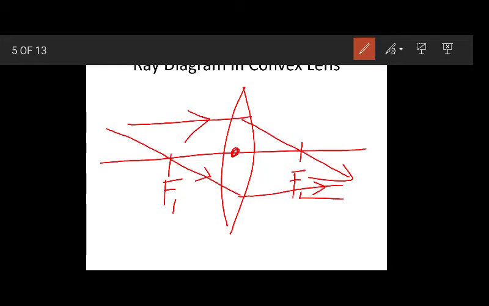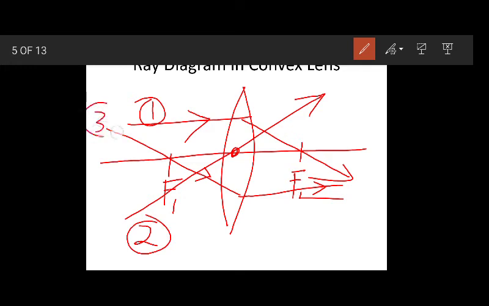That is the 3 laws. So there is the number 1, number 2, and number 3, this. So that's from my side of ray diagram in convex lens.